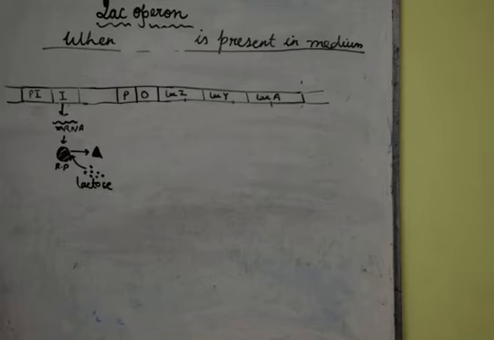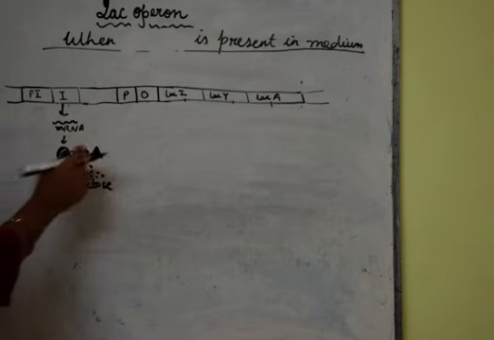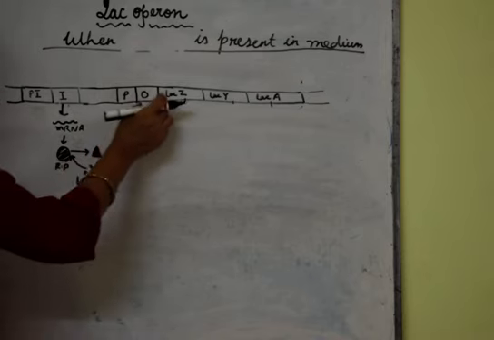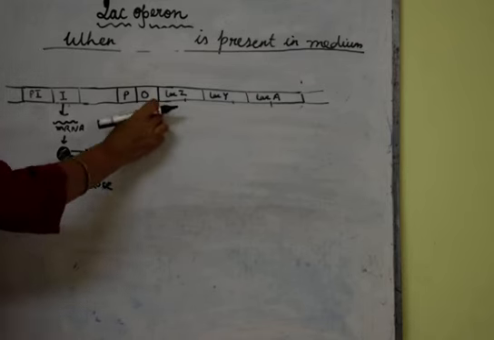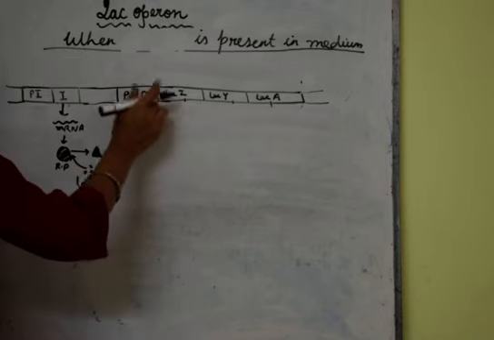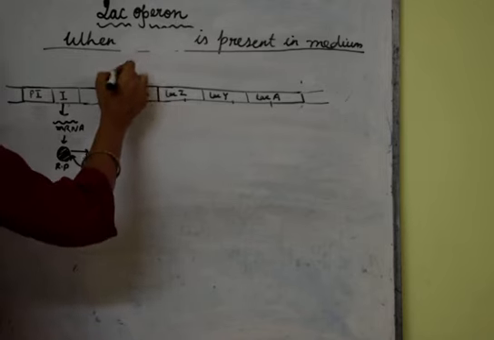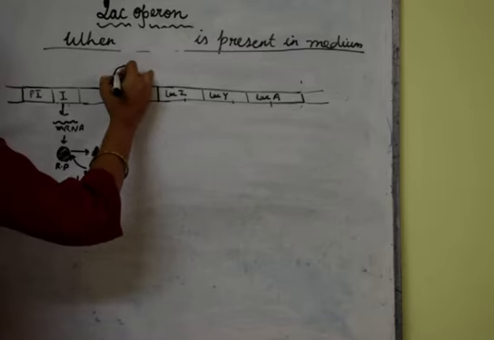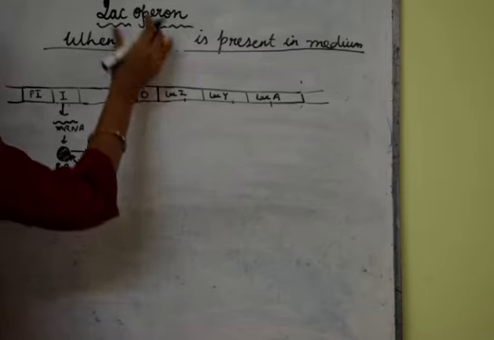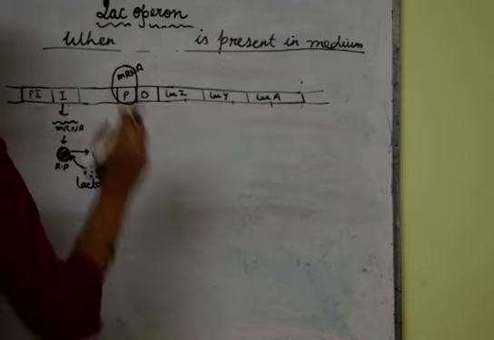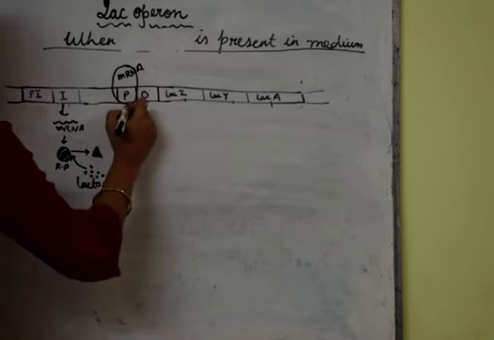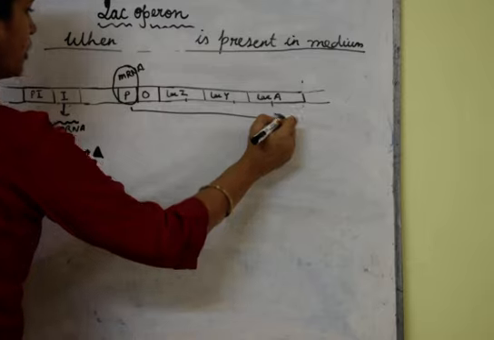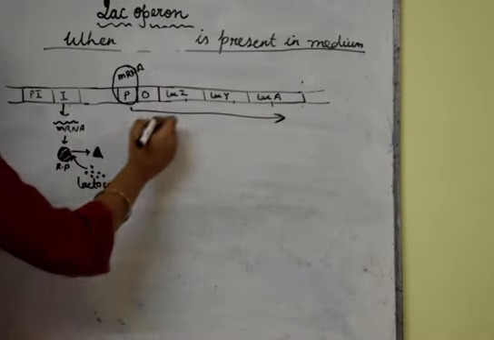Because of this, it is not going to bind to the operator region, and hence, as usual, the RNA polymerase will bind to the promoter, and as no obstruction is present in the operator region, it will smoothly go and transcribe all the structural genes.